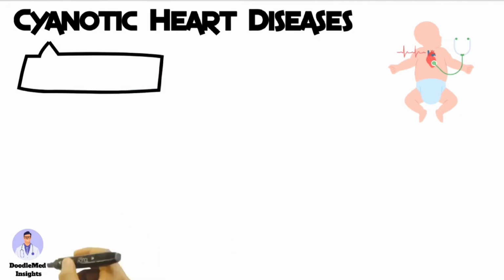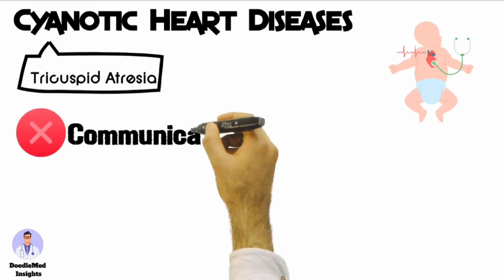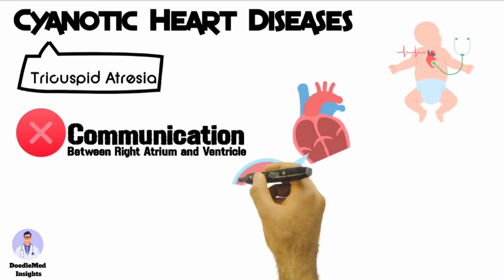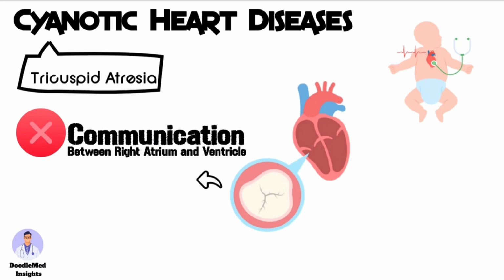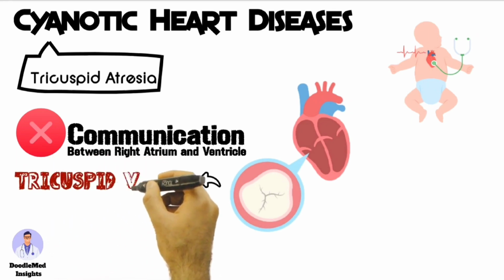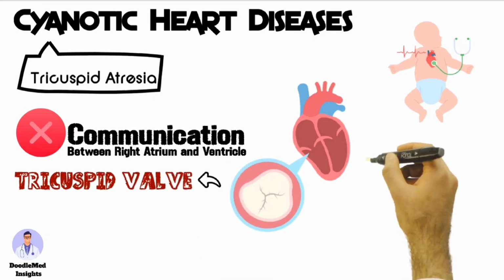Tricuspid atresia is a congenital heart defect that arises from the absence of a communication between the right atrium and ventricle, which occurs due to the developmental failure to form the tricuspid valve, an essential component of the heart structure.